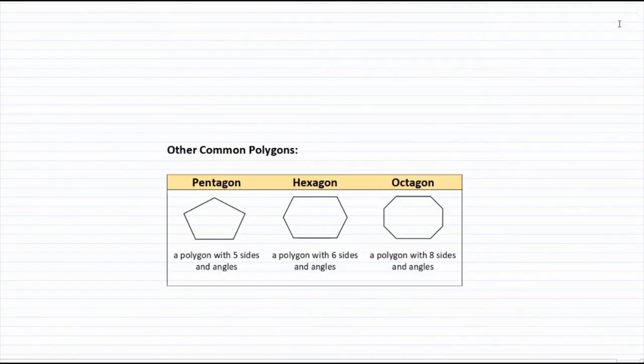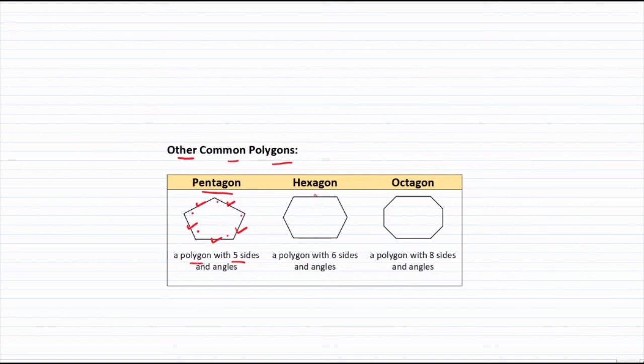Here we have the pictures of some other common polygons. First one is a pentagon. A pentagon is a polygon with 5 sides and angles. If we count the number of sides from here, 1, 2, 3, 4, 5. And at the same time, it has 5 angles. 1, 2, 3, 4, 5.